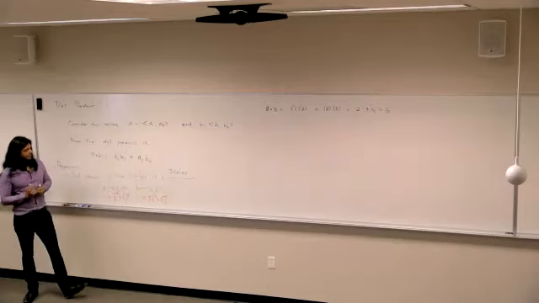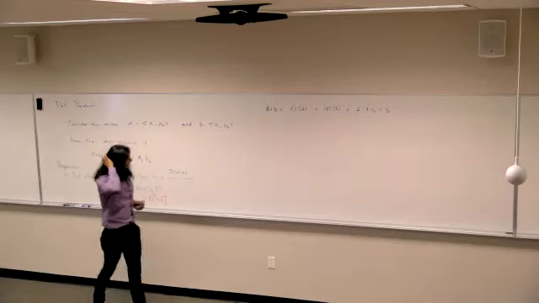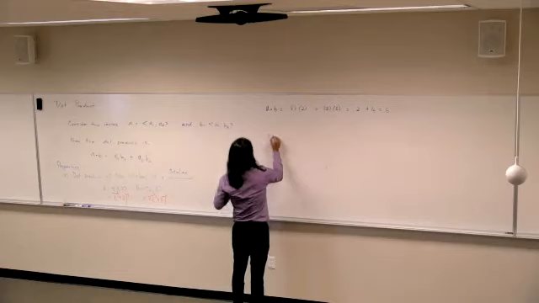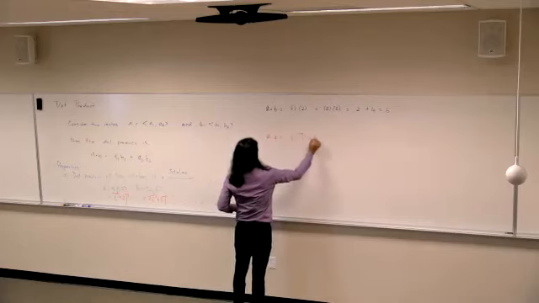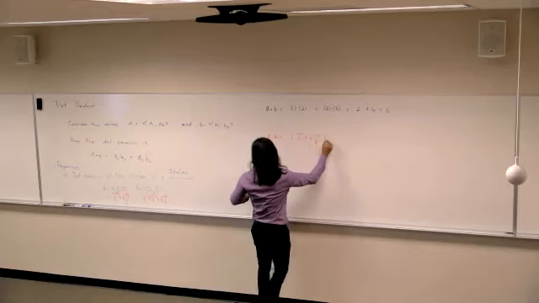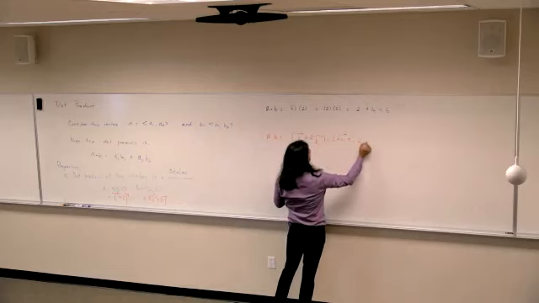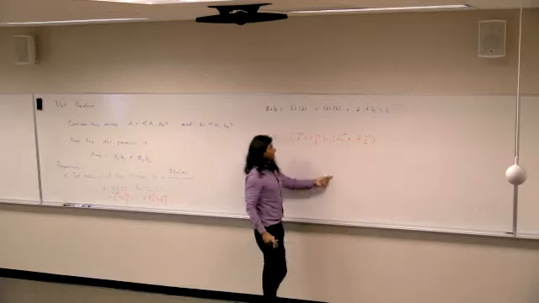Now, if you use this expression, A dot B would simply be i vector plus 2j vector times 2i vector plus 2j vector.